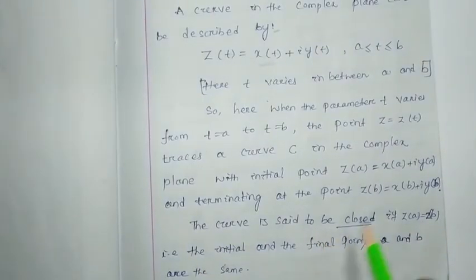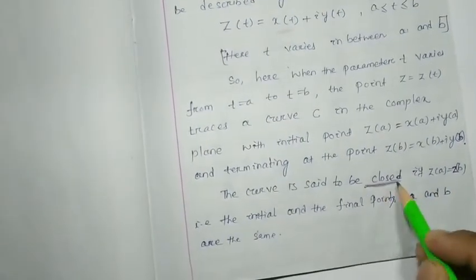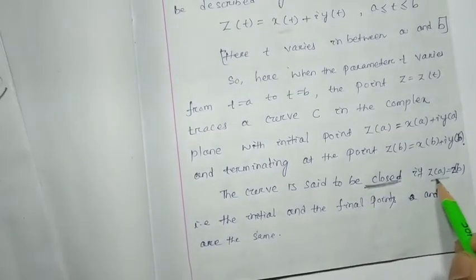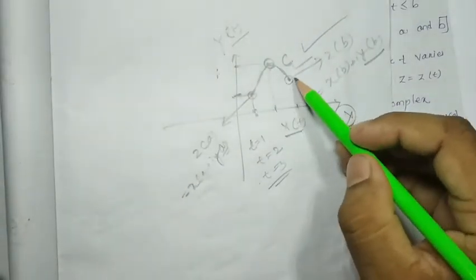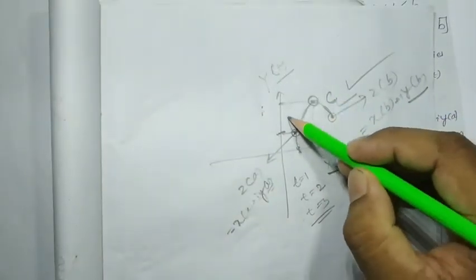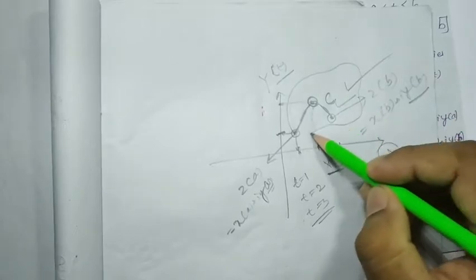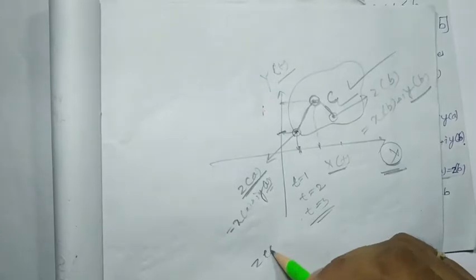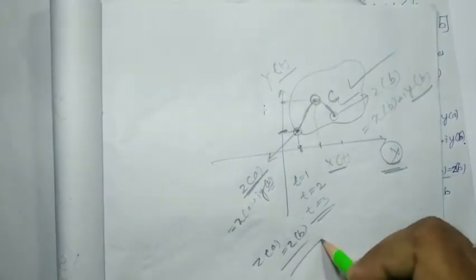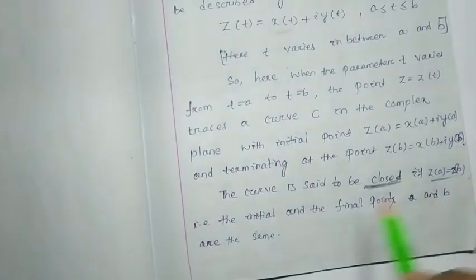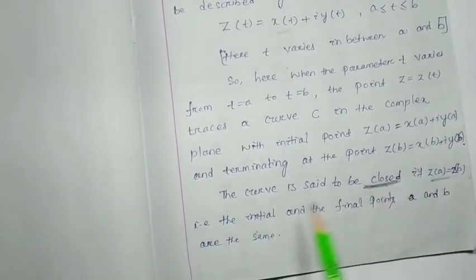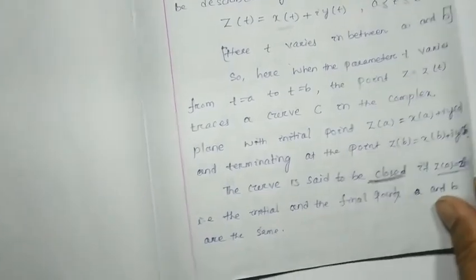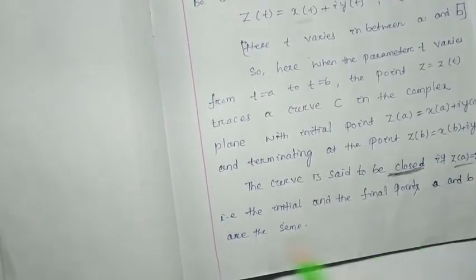The curve is said to be closed if z a equal to z b. So if the point moves in the complex plane like this and ends at this point, that means z a will be equal to z b, obviously. So z a equal to z b means the curve is closed, the initial and final points a and b are the same.